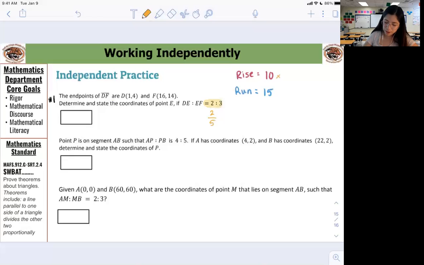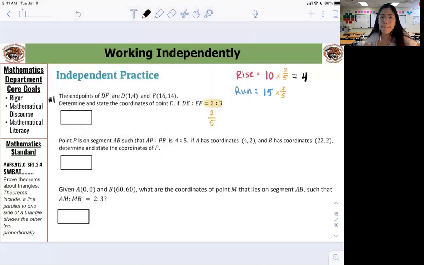So now I'm multiplying. 10 times 2/5 and 15 times 2/5. What do I get for the rise? Get 4 for the rise, good.